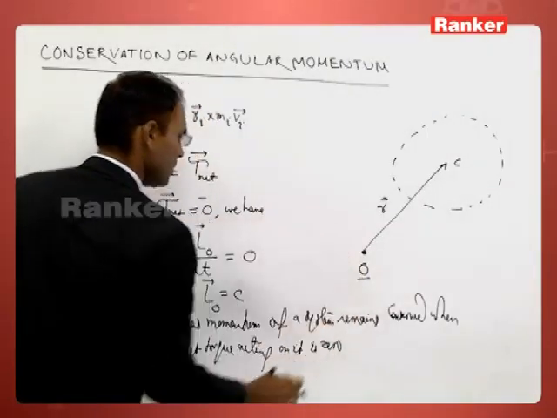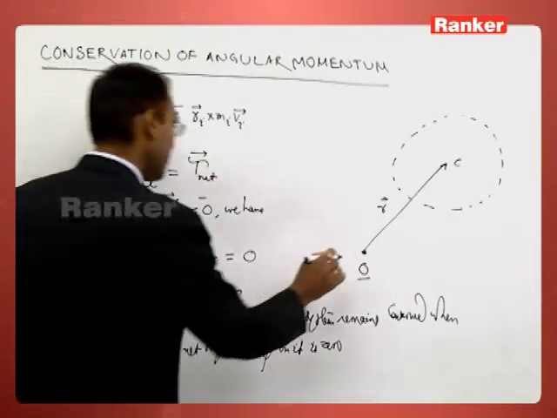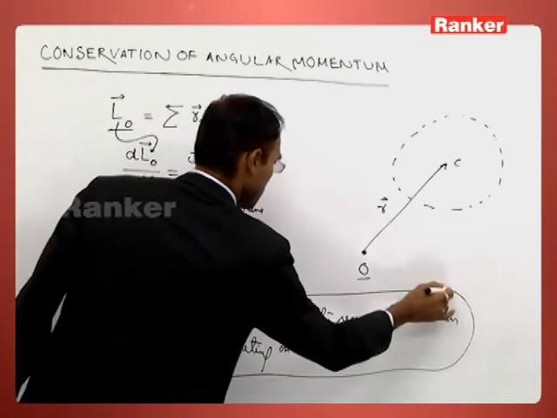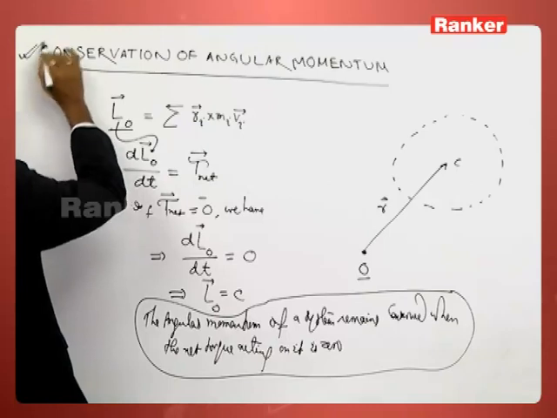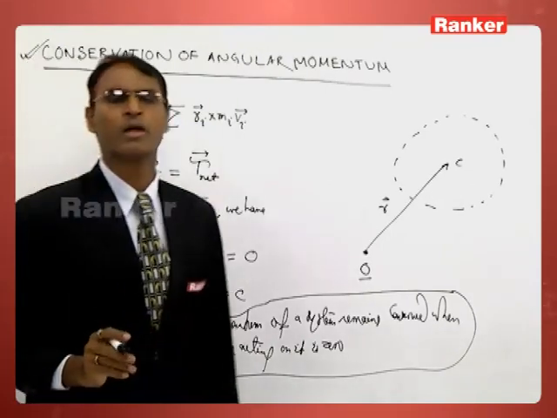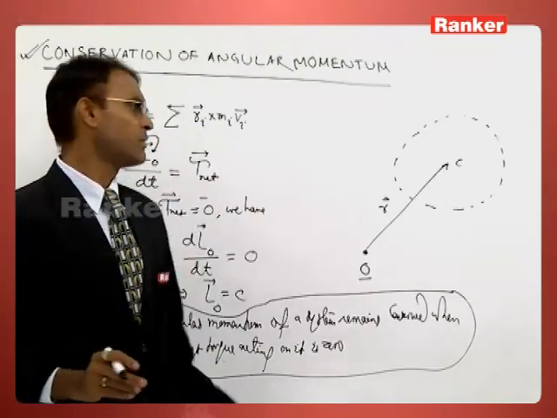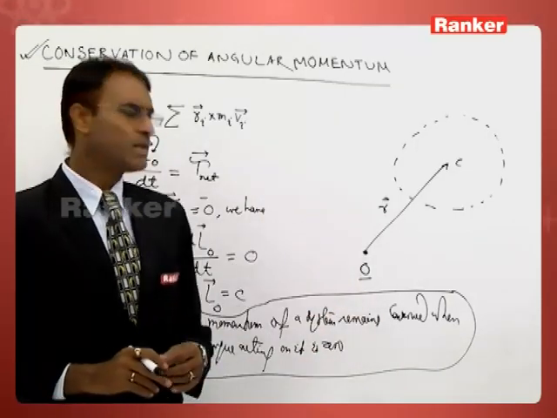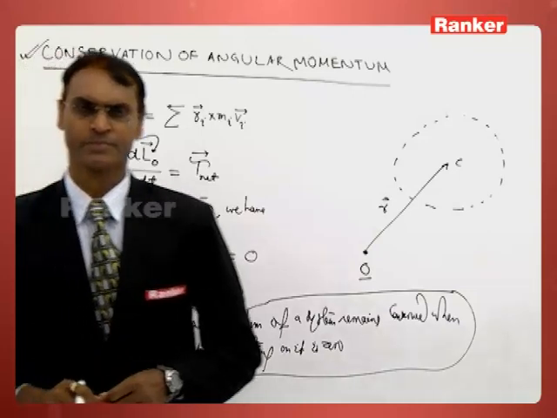Needless to mention, with respect to a given reference point. This is what we call the principle of conservation of angular momentum of a system of particles. It may have one particle or it may contain many particles.